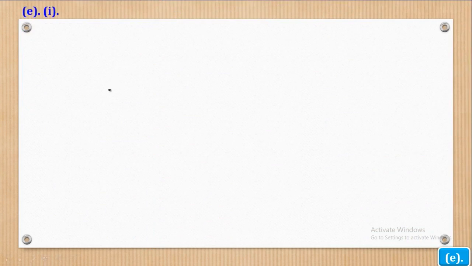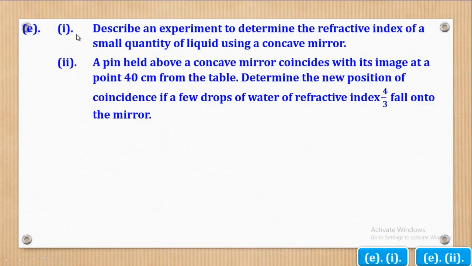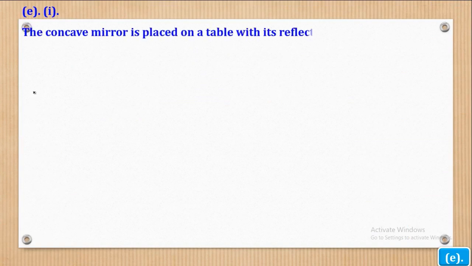So now we shall go to part E. Part E Roman 1 says, describe an experiment to determine the refractive index of a small quantity of liquid using a concave mirror. So here we shall say that a concave mirror is placed on a table with its reflecting surface upwards.